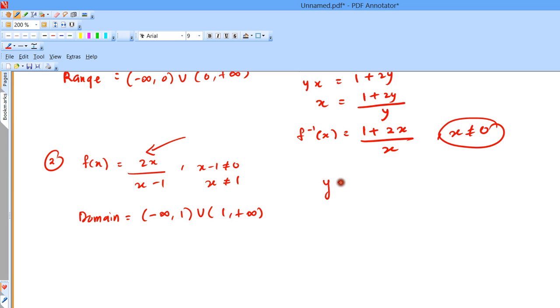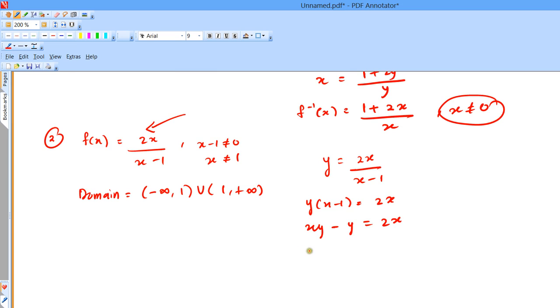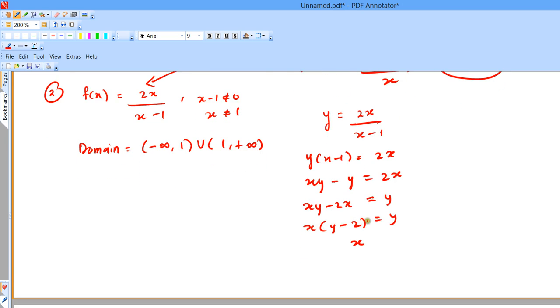So let y equal to 2x over x minus 1. How to find the inverse function? We need to write x as the subject. So y times x minus 1 equal to 2x, xy minus y equal to 2x. So xy minus 2x equal to y, and then factor out x: x times y minus 2 equal to y, or x equal to y over y minus 2.